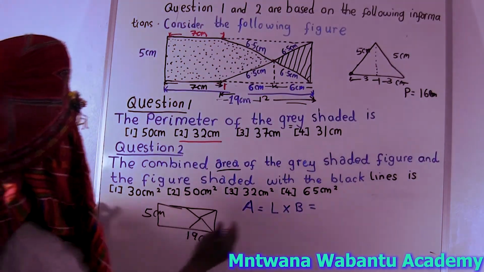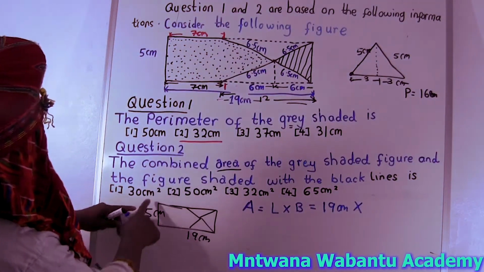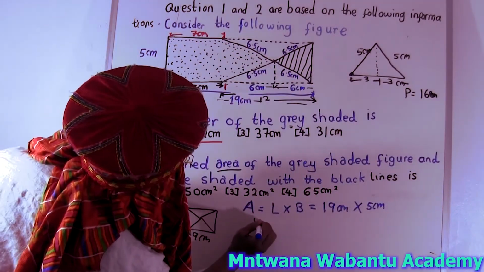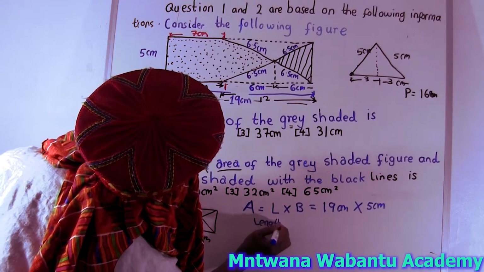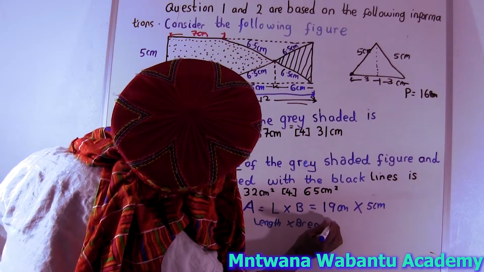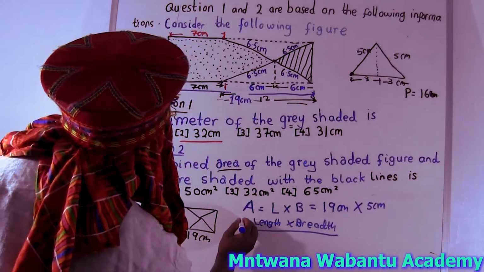Our length equal to 19 centimeter, and our breadth equal to 5 centimeter. So you say length times breadth. That's how you get the area.